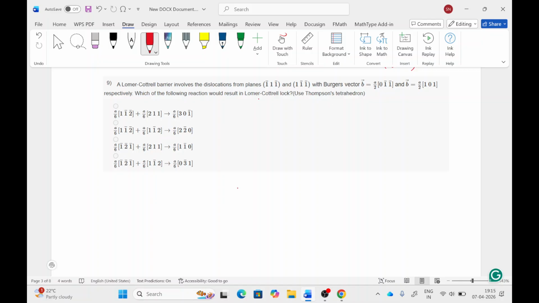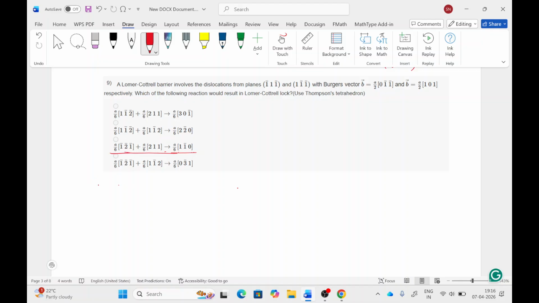For a Lomer-Cottrell lock, we have to see which dislocation reaction is energetically favorable and the resultant Burgers vector. So the third option, a/6 [1 2 1] and a/6 [2 1 1], will result in a/6 [1 -1 0]. So this reaction is energetically favorable, means you can check other options also.